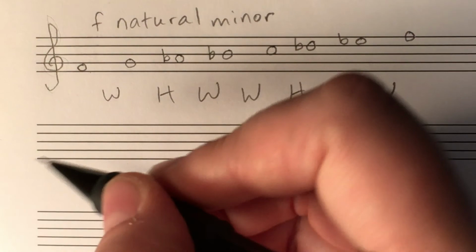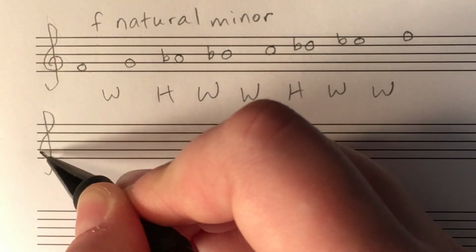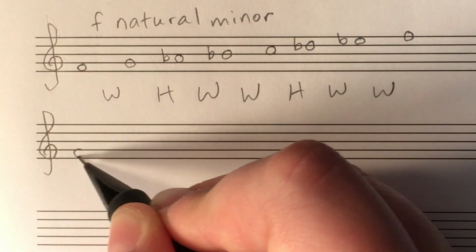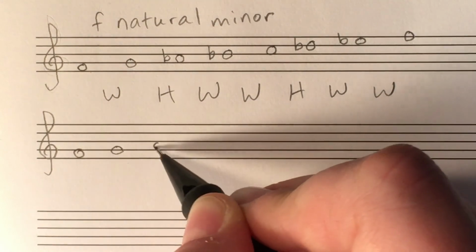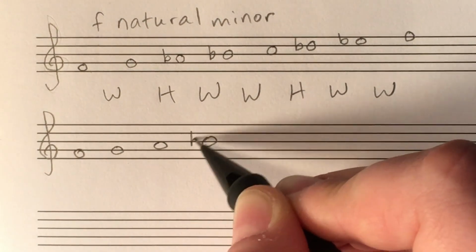A quick and easy tip for how to build the natural minor scale off of the major scale: if we compare that with the major scale here, if you remember, F major is 1 flat, B flat.